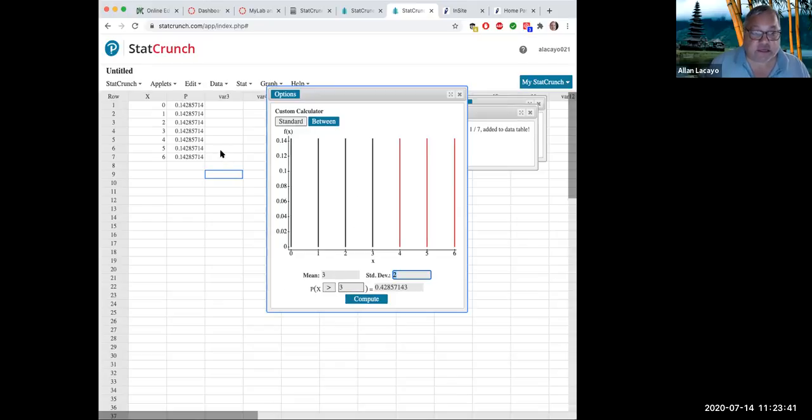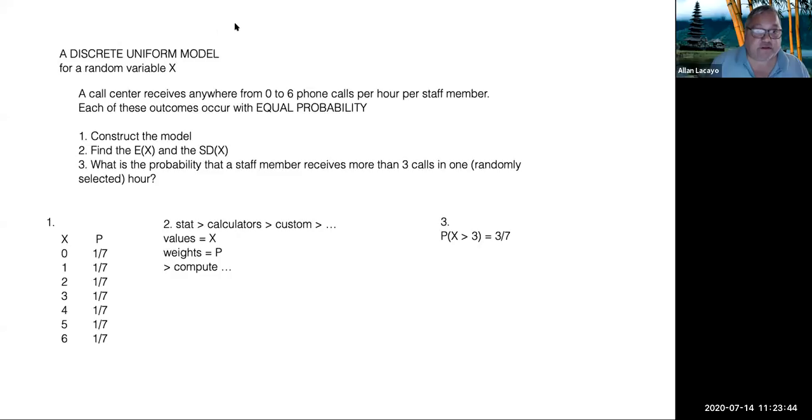So if I had to create an answer for these, then I would just say that the expected value of X is 3 calls per hour per staff member, and that the standard deviation of X would be equal to 2 calls per hour per staff member.